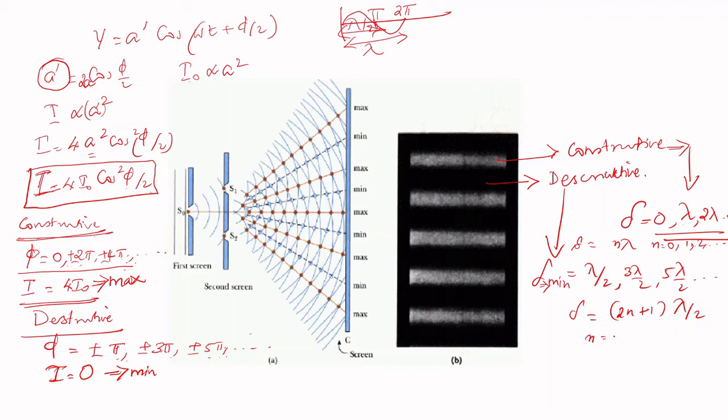Again n is 0, 1, 2, etc. So delta minimum happens, meaning destructive interference happens at 2n plus 1 lambda by 2, and maximum intensity we get at path difference delta equal to n lambdas. Or if you want to write it as lambda by 2, it is 2n lambda by 2. So this is an even multiple of lambda by 2. Here it is an odd multiple of lambda by 2.